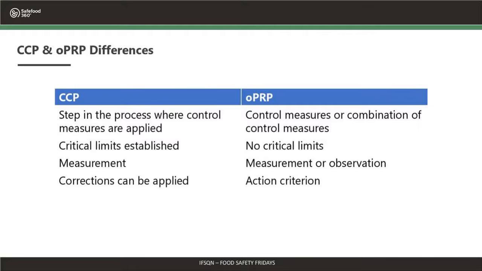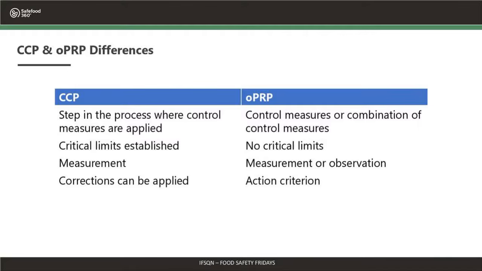Then looking at CCP and OPRP, dissecting the definitions a little bit. A CCP is a step or point in the process where control measures are applied. And for an OPRP, control measures or a combination of control measures can be applied.